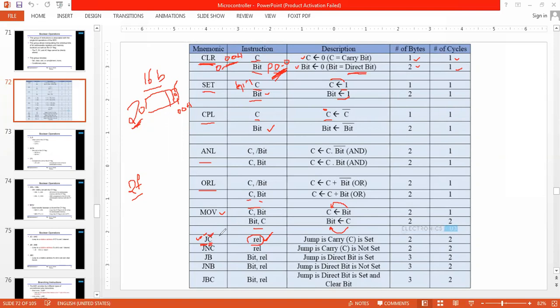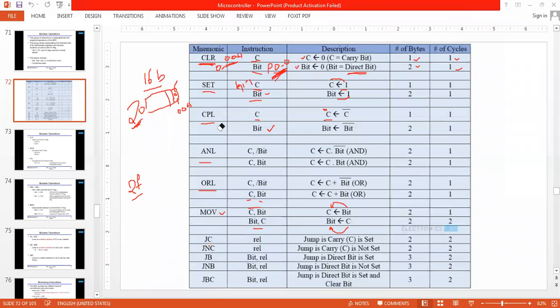It means if C is equal to 1, then the jump instruction is going to be executed to a particular relative address. Whatever address I give in the program, the PC is going to jump to that address. But it is checking for the carry flag.